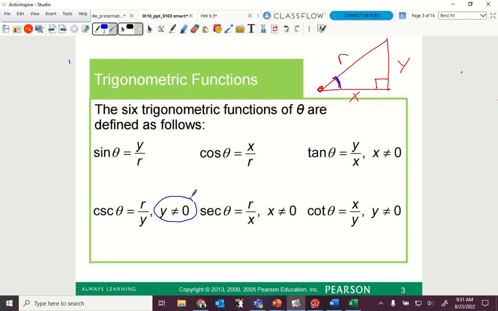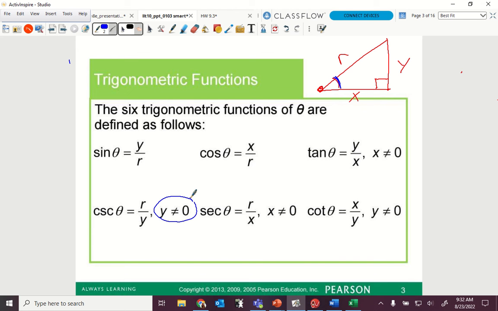Think about fractions. Can you have a 0 in the bottom? No. You cannot divide by 0. That's why this would be undefined. You cannot have a 0 on the bottom of a fraction. Cannot divide by 0. So that's why that says that.